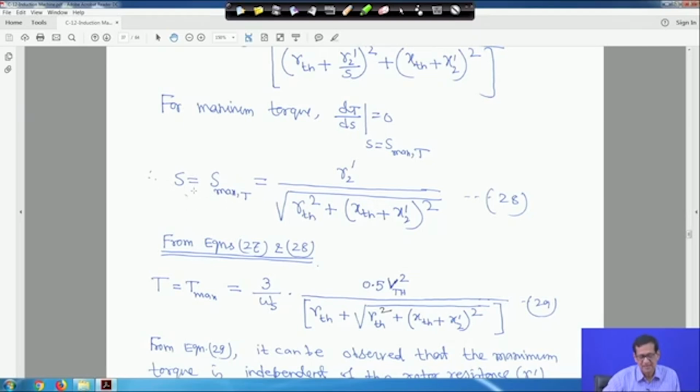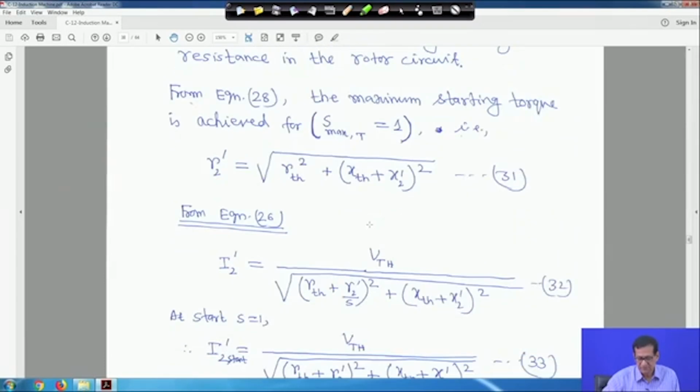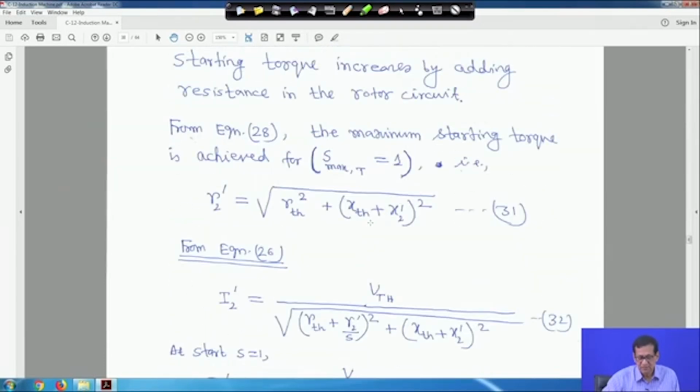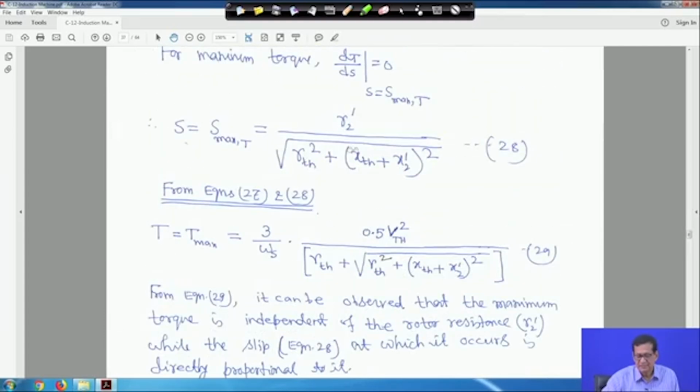So, with start slip equal to 1, the starting torque is achieved for R 2 dash equal to root over R Thevenin square plus X Thevenin plus X 2 dash square, right. That is from equation 28. This is my equation 28, right.